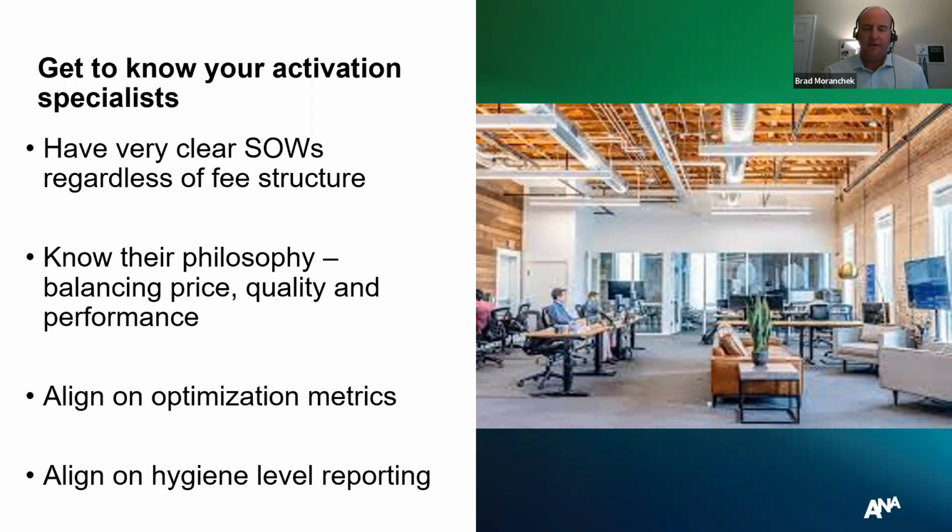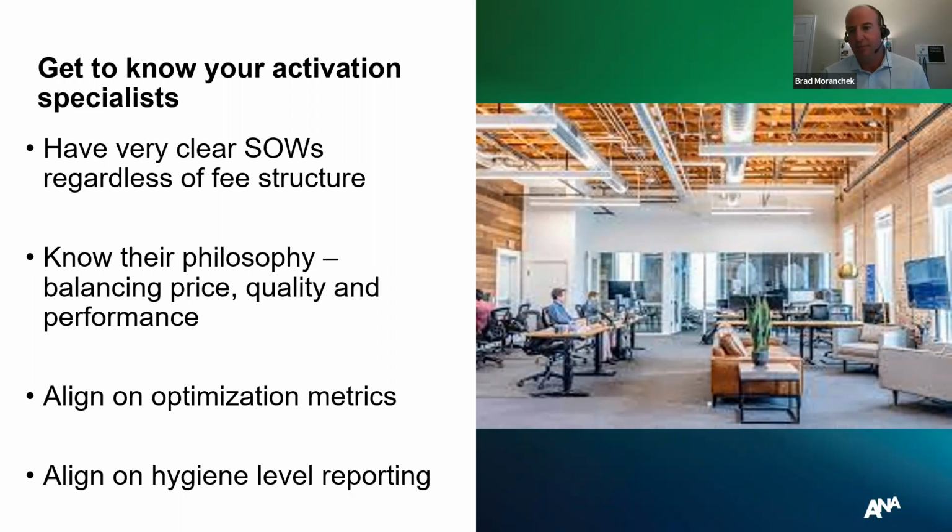And then tied to that is aligning with your team on optimization metrics. Even for a single brand, there might be multiple strategies that you're using programmatic for, from upper to mid to lower funnel. So for any of those tactics that you're buying programmatic, how are we going to optimize? What are the signals of success or failure that we're going to be looking for?